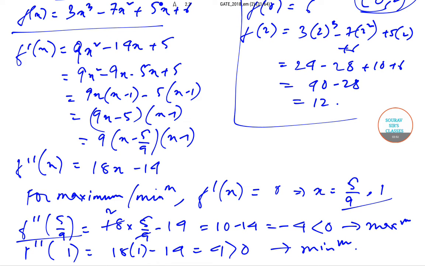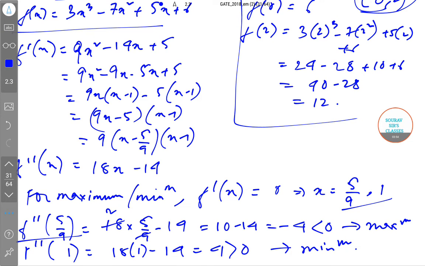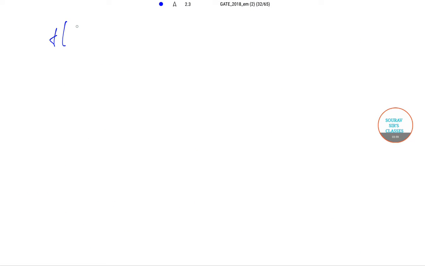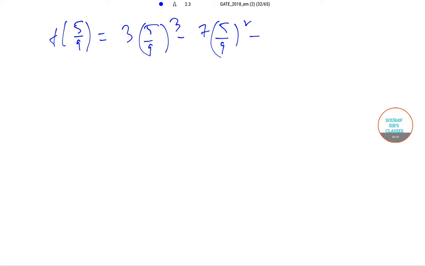So let us find the value of f(x) at x equal to 5/9. For that, let me insert another page over here. We'll find f(5/9). f(5/9) is equal to 3 × (5/9)³ − 7 × (5/9)² + 5 × 5/9 + 6.